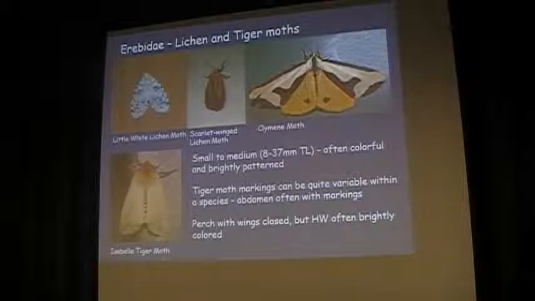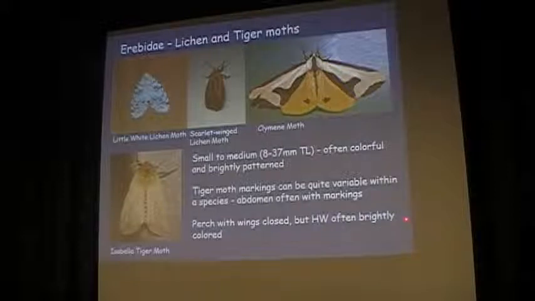Tiger moth markings can be quite variable within the species. And in this, the abdomen, you can see on the Isabella tiger moth, you can have markings on the abdomen which can be fairly distinctive. And on some of these, there's several that are pure white, but if you look underneath them, the legs may be pink, the hair on the legs may be pink, it may be yellow, it may be orange, and often that's diagnostic. So it can get really frustrating, but it's fun.